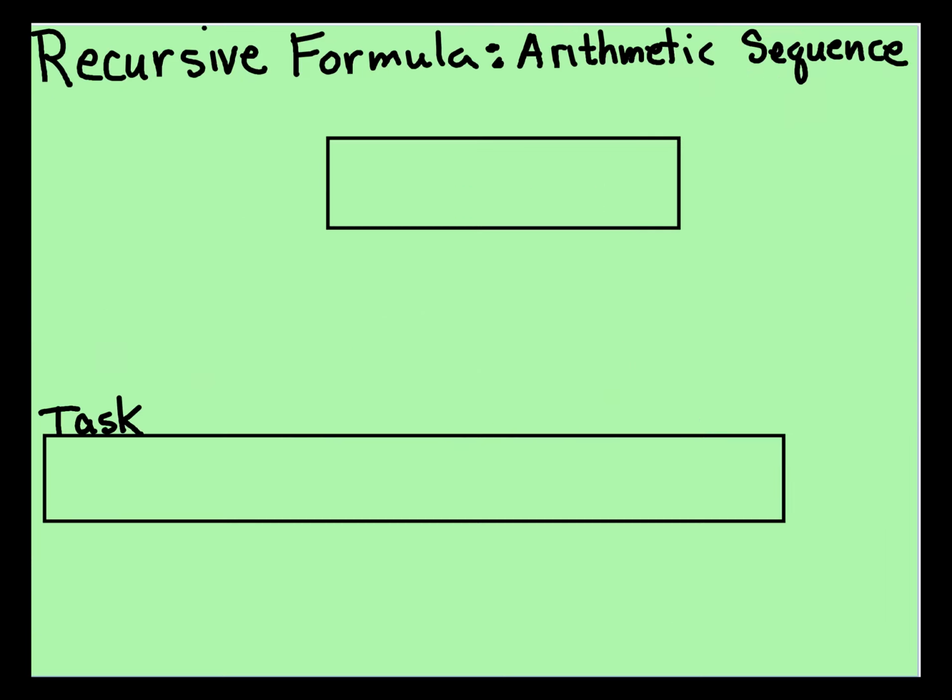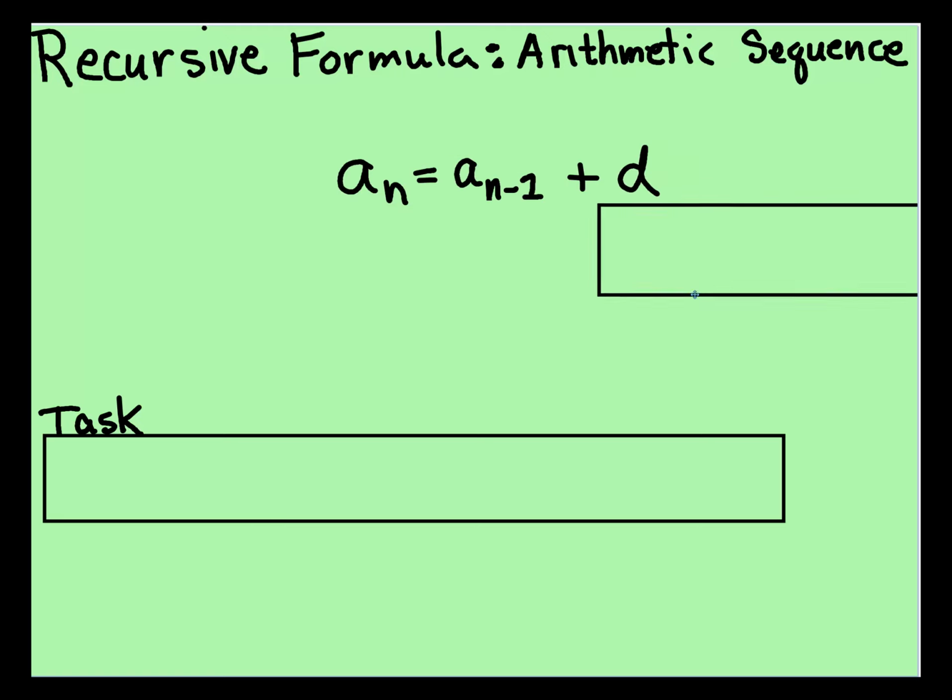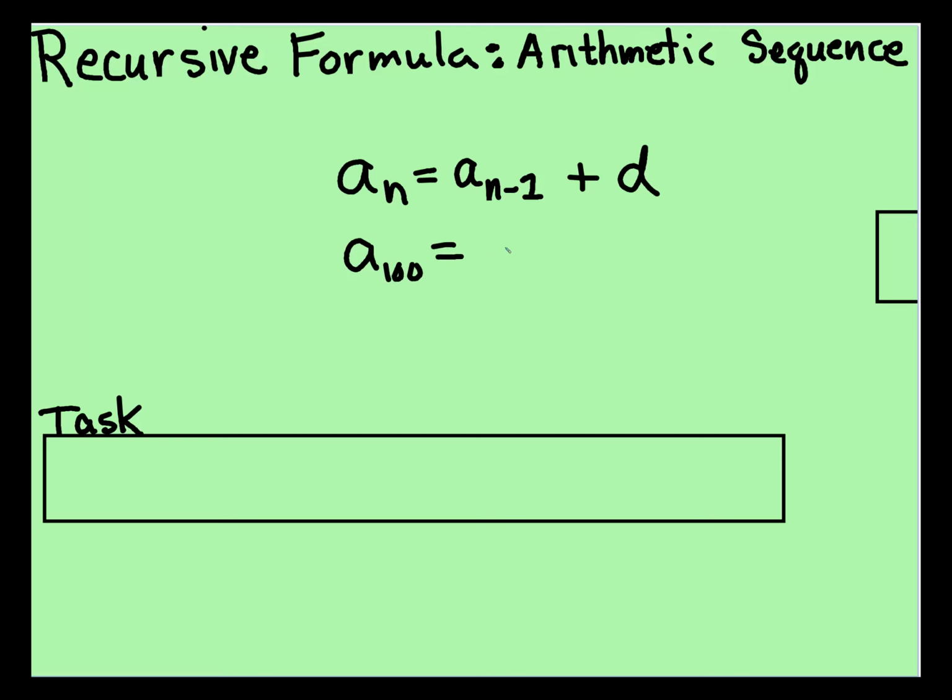Okay, now we're going to talk about the recursive formula. A recursive formula is not when you have all the information explicitly, but it's based on the previous term. So you can find a term, say a sub 100, if you know the 99th term plus the common difference.